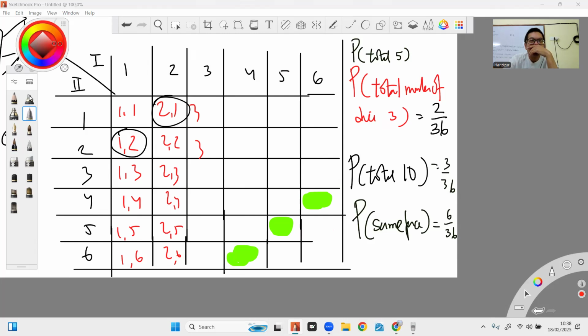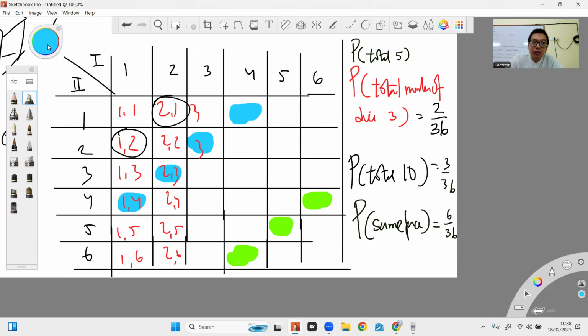Where? 1 plus 4, 5? Yeah, okay. What else? So we have the diagonal arrangement, and we don't have any others. 4 over 36. Easy, right? You know how to do it, right?